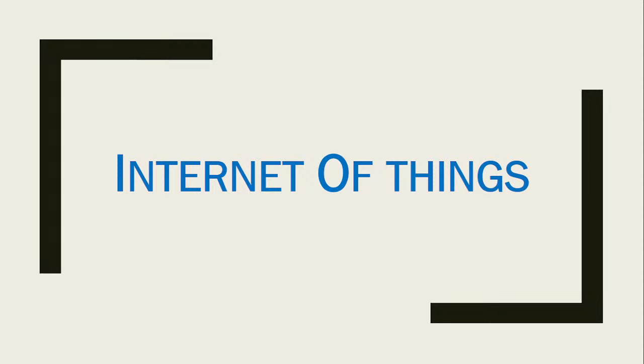For example, one of them is autonomous cars. These days there is so much development going on in that field. Almost all the big car manufacturers are coming together to make this possible.